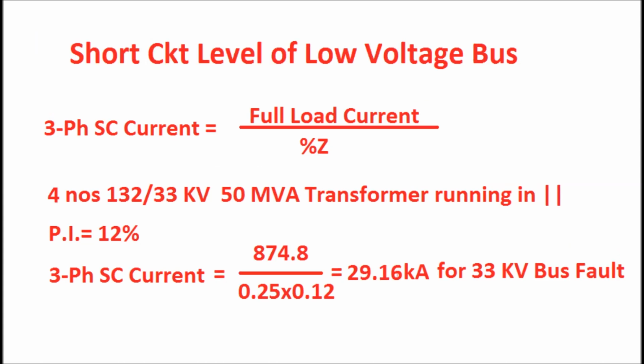Now consider four transformers running in parallel condition with same capacity and same voltage rating, and the percentage impedance of the transformers are equal, that is 12%. In this case, three-phase short circuit current will be equal to LV side rated current divided by (0.12 divided by 4), which comes as 29.16 kiloampere for 33 kV bus fault.